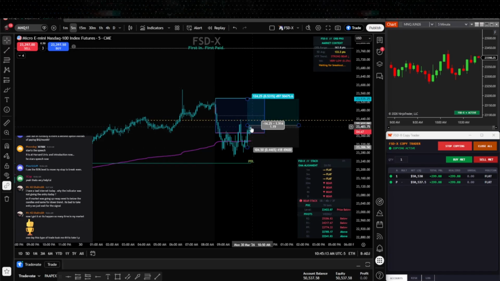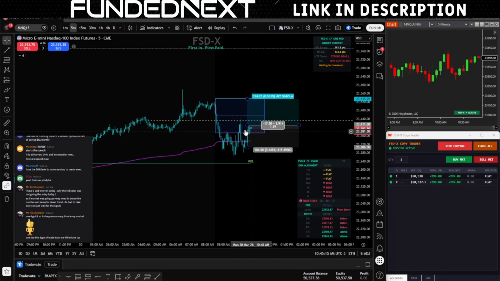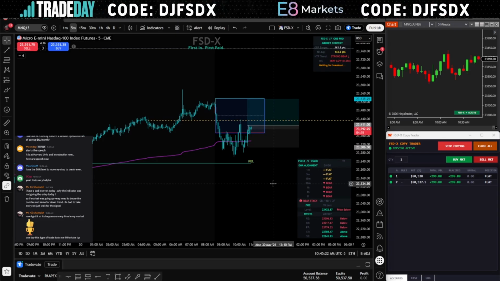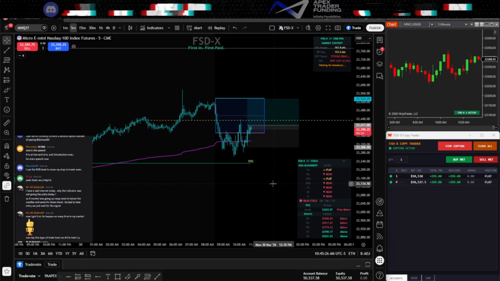See, we made all equal highs, so we didn't actually break this high. That's what I was wanting to see. See if it retests it again.